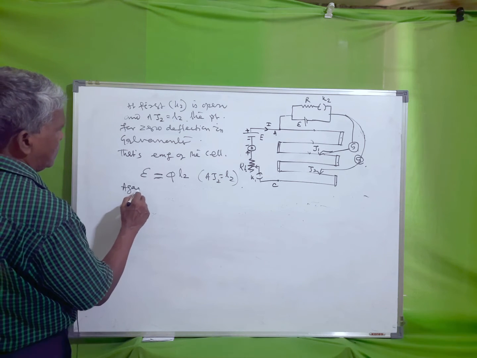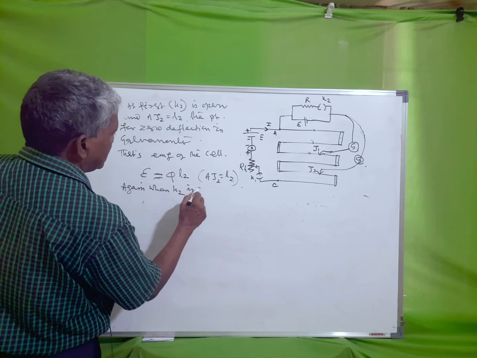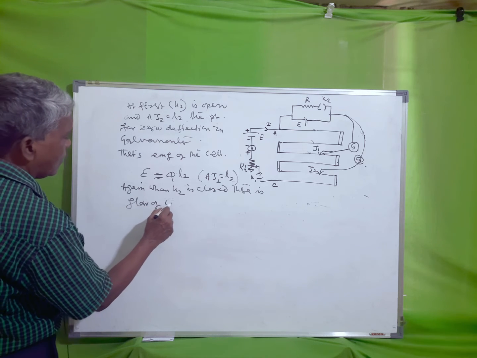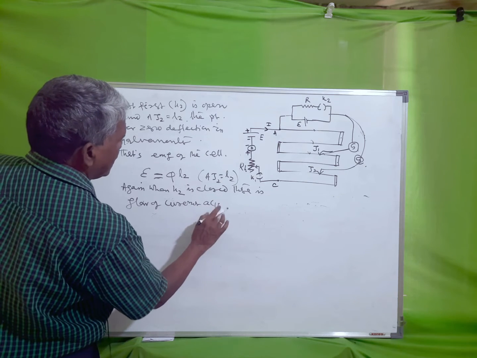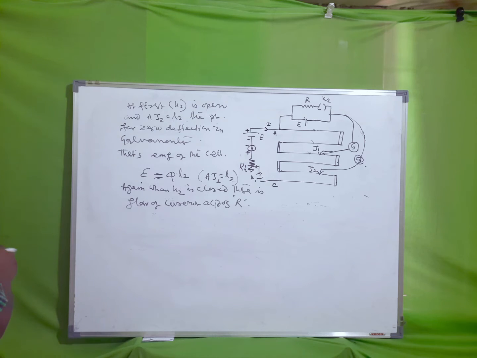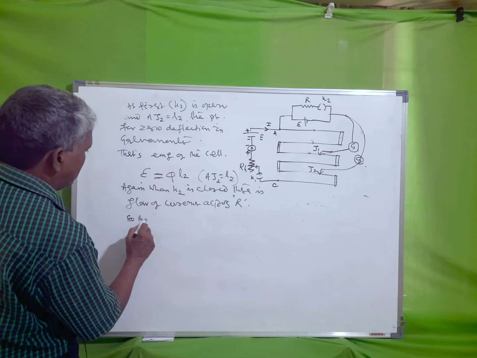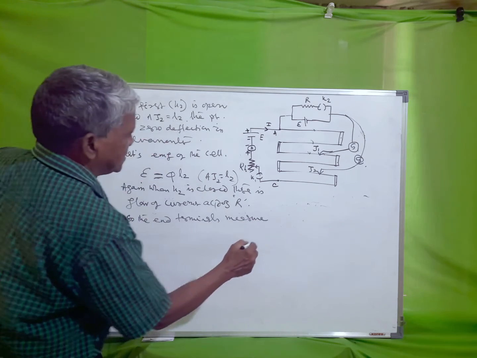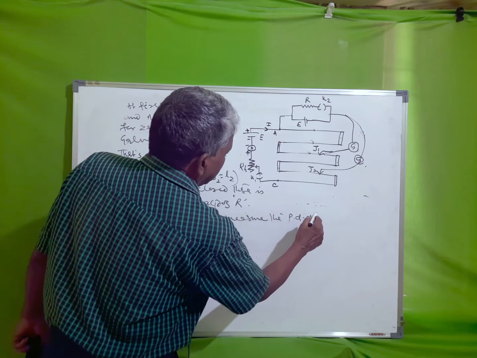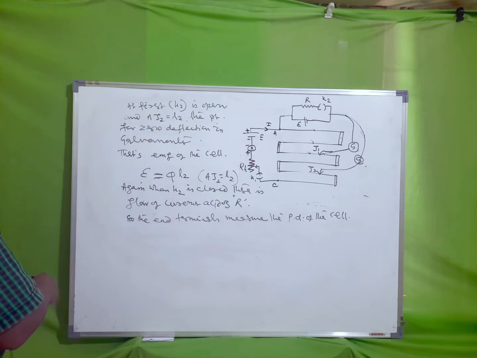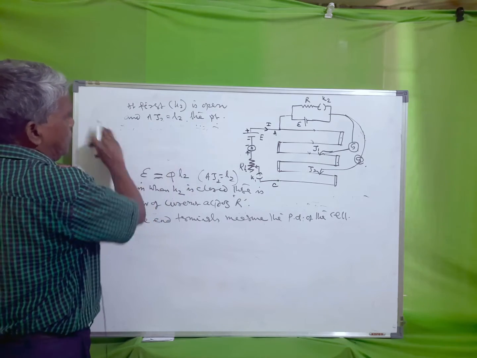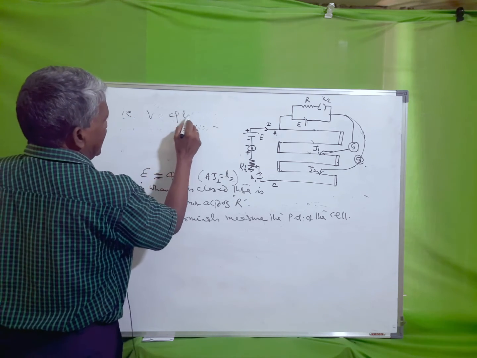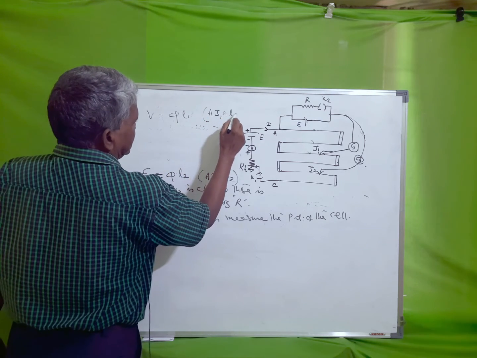Again, when K2 is closed, there is a flow of current across R. So the terminals measure the potential difference of the cell, that is V is equal to phi into L1, if AJ1 is the length L1.